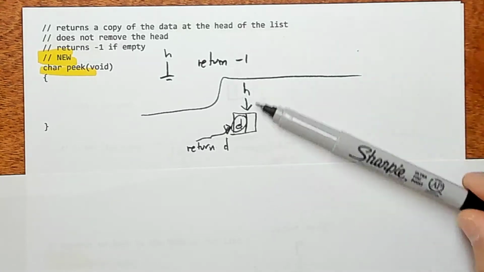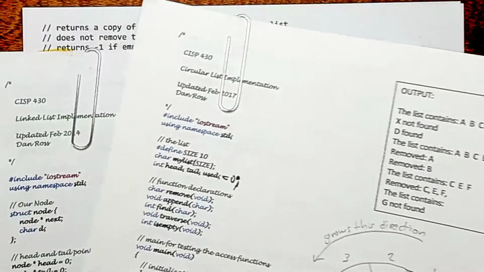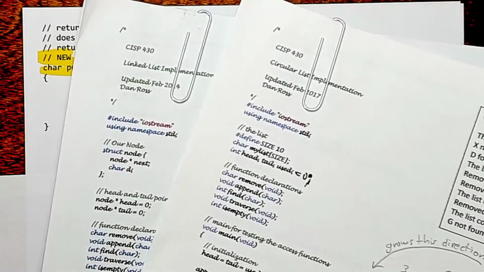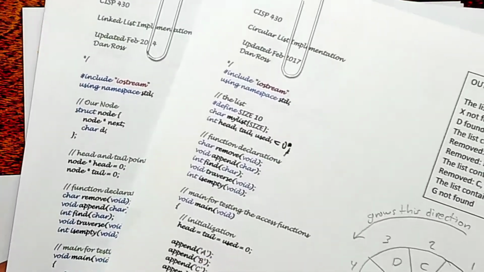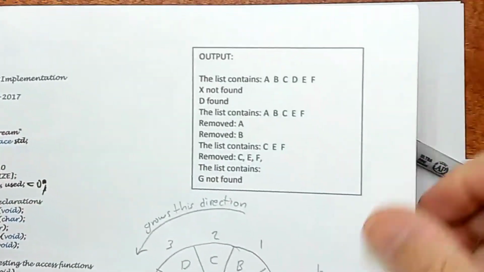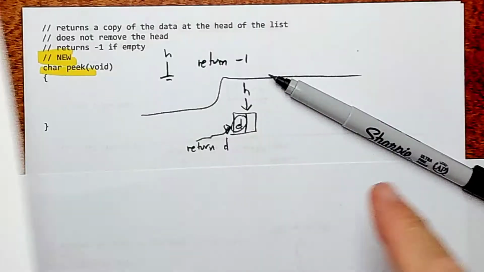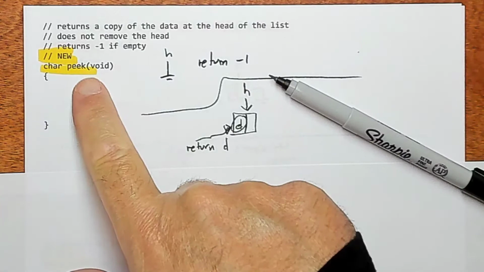So to help you understand what these pictures mean, look at the also posted documents that I went over in detail in the video before, where, for example, I have these little diagrams. Like, I want you to write this for a circular array implementation.